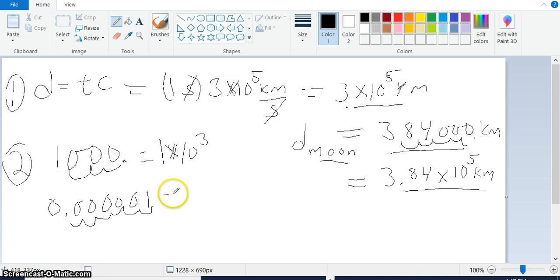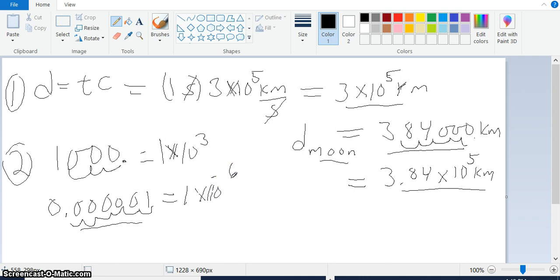So I can rewrite this as 1 times 10. So it's basically, how much do I have to move the decimal place to get back to this original number? And so it's going to be 1 times 10 to the minus 6.